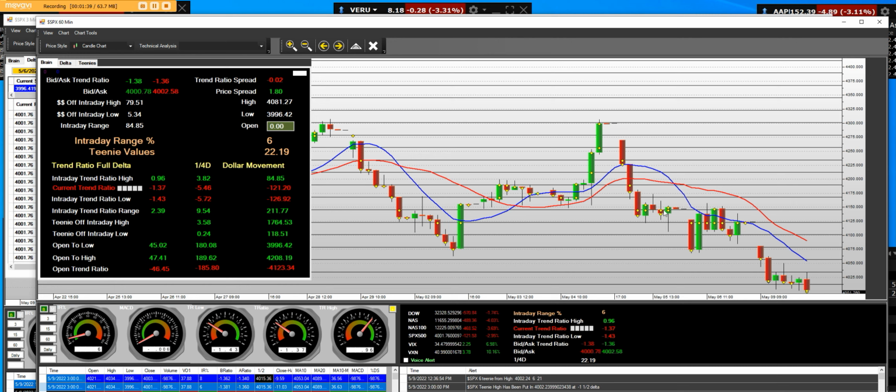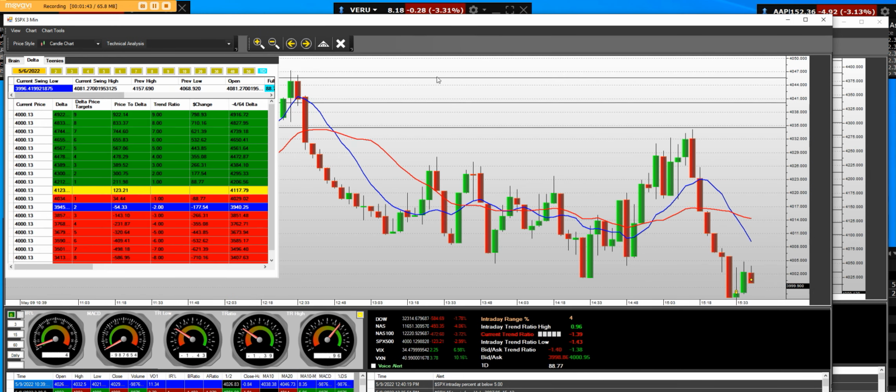And that is the primary chart that we're going to want to watch, because we can see on a 3-minute level how it has collapsed going into the closing bell here in our trading app.